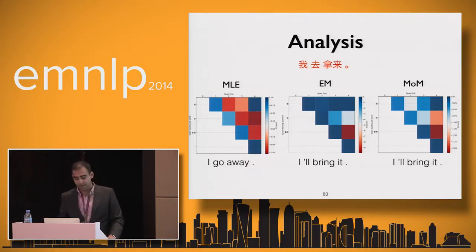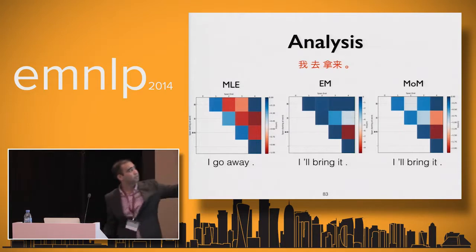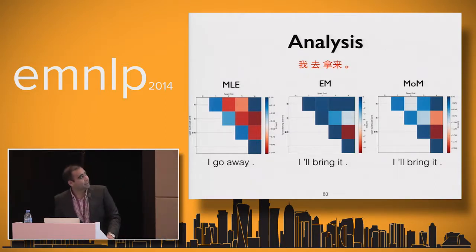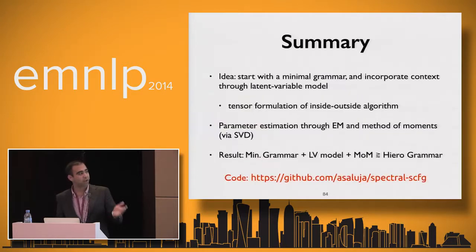You'll see over here that the object which has been dropped is fairly unlikely to be in the subject span in the MLE case, but in the EM and method of moments, we see that from that top level rule the marginals are much higher. EM, though, is very interesting because it kind of uniformly assigns marginals that are all uniformly high, whereas in the method of moments case, we can actually distinguish between different spans, and we can actually prefer one span to another.